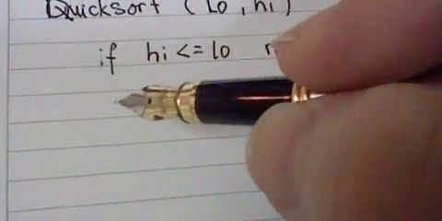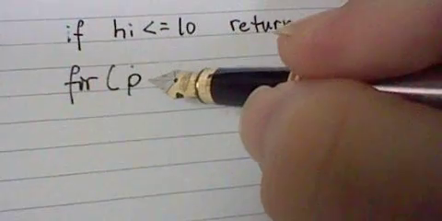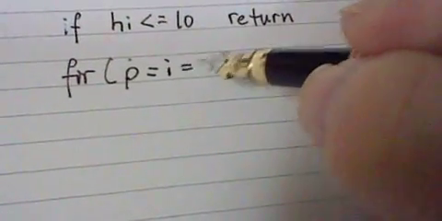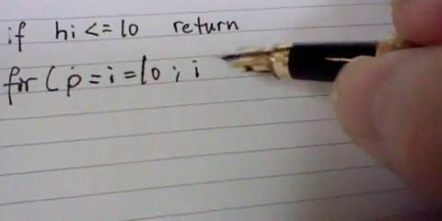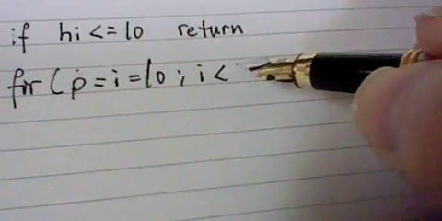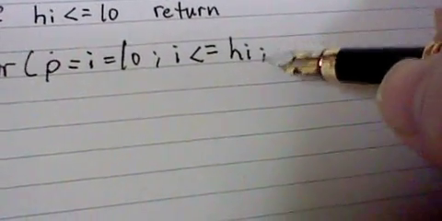So the next thing we want to do is get the partition going. So we do something like this: for loop, partition, iteration equal to the low value over here, and for so long as the iteration is less than or equal to high, keep moving.